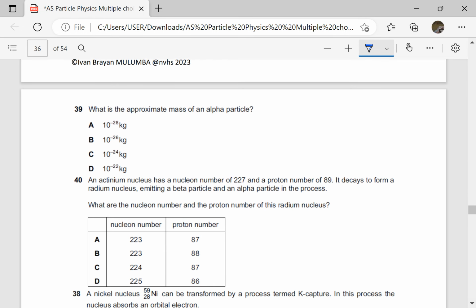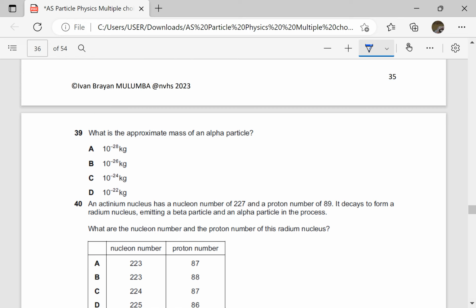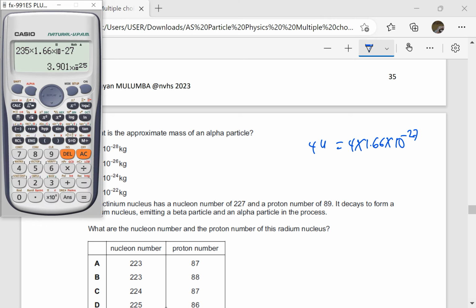What is the approximate mass of an alpha particle? An alpha particle has a mass of 4u. It is a helium nucleus. It is 4 times 1.66 times 10 power negative 27, which will give us 6.6 times 10 power negative 27.